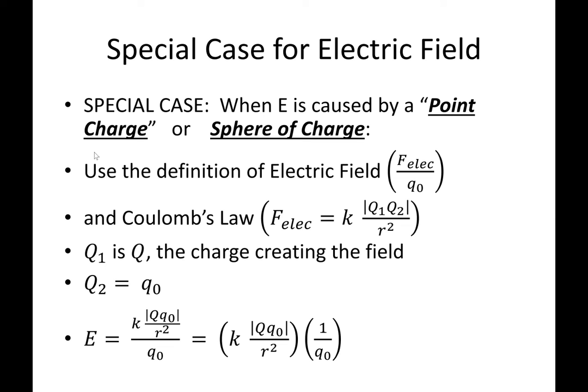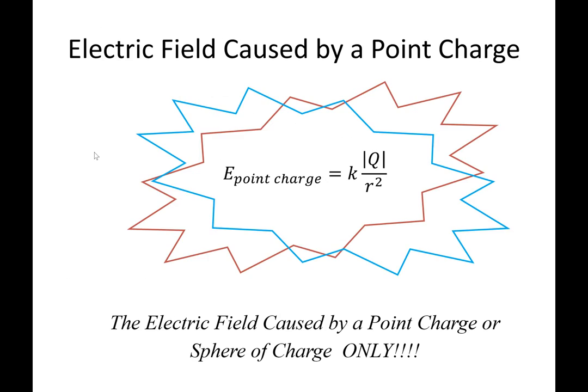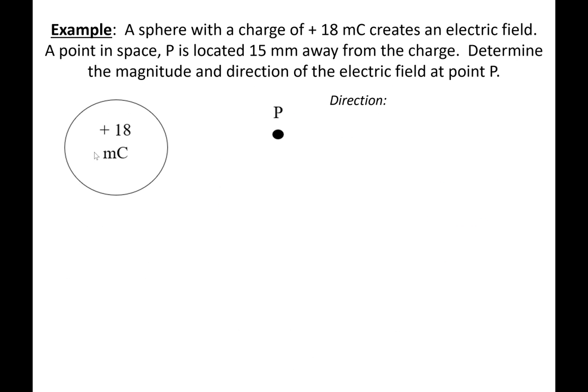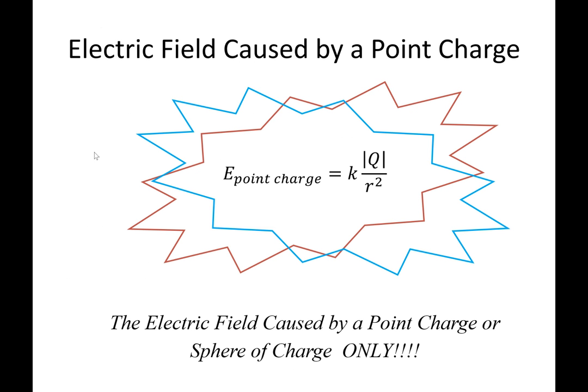When we enter this, we can see that we have Coulomb's law divided by Q naught is equal to Coulomb's law times 1 over Q naught, which simplifies to the ever lovely the electric field for a point charge is K times the magnitude of the charge creating the field divided by the distance from the center of that charge squared.